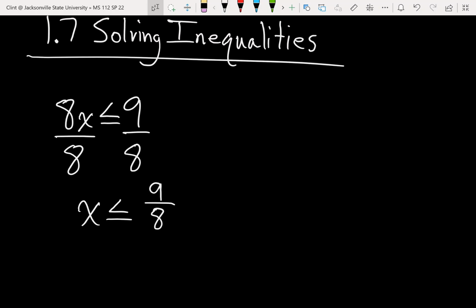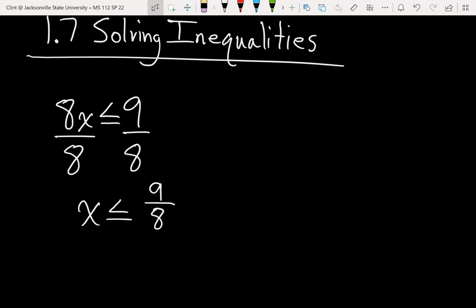So the major difference when we get to the end of these things is that with equations, if it's linear, we get one solution, or if we have polynomial equations, we could get several solutions. But with inequalities, we really have an infinite number of solutions, because any number on the real number line that's smaller or the same as 9 over 8, 1 and 1/8, if you want to think about it that way, is a solution.